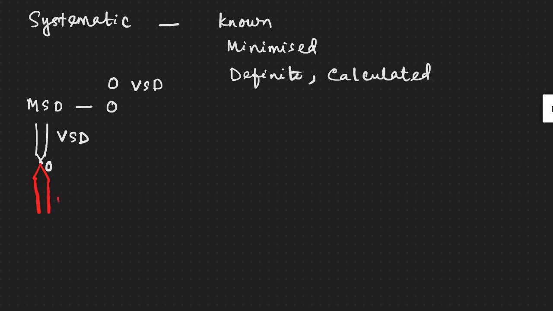This is the main scale division of the vernier caliper. Now both are coinciding at one point. So here I can say instrumental error is 0 or the instrument is perfect, because both the zeros are coinciding.